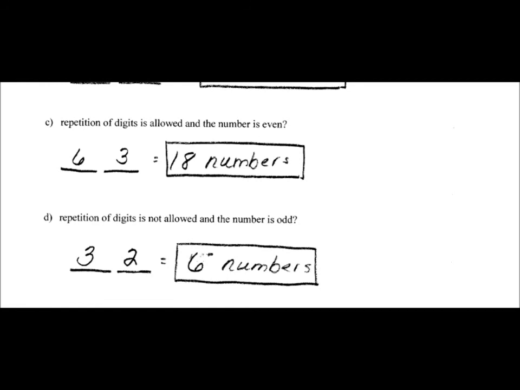If repetition is not allowed, then we have odd digits, meaning it has to end in 1 or 3 or 5, and that leaves 2 digits left for the first spot. So we have 2 times 3, which gives us a total of 6.